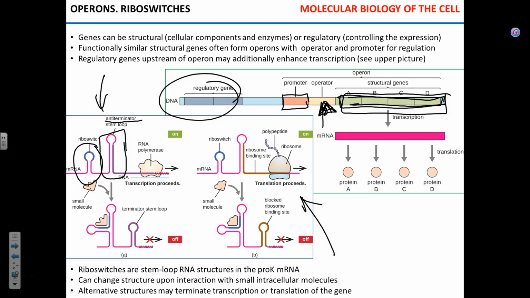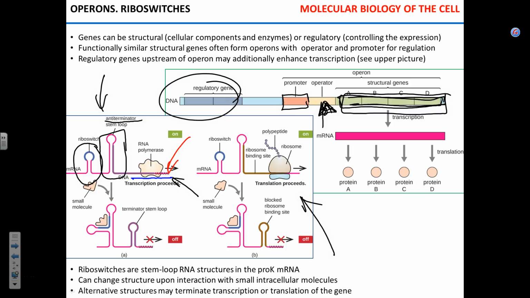Does that make sense? Now, RNA polymerase reads the DNA during transcription. I'm going to highlight the DNA here, okay? And produces newly synthesized RNA. Does that make sense so far?